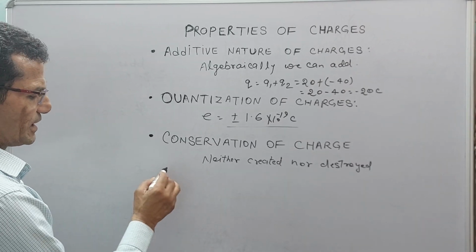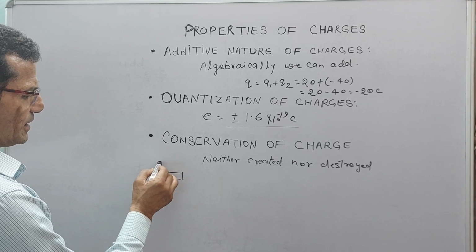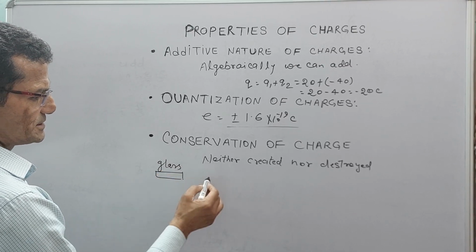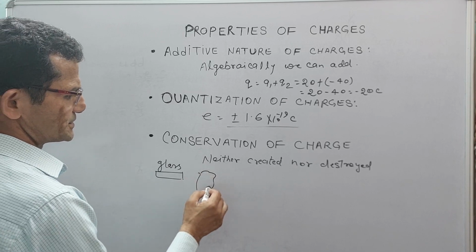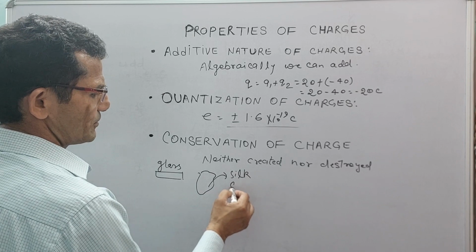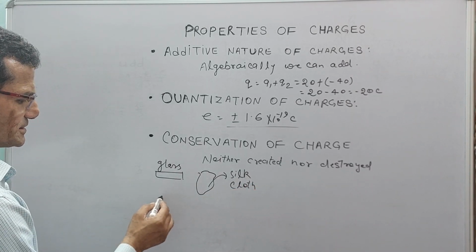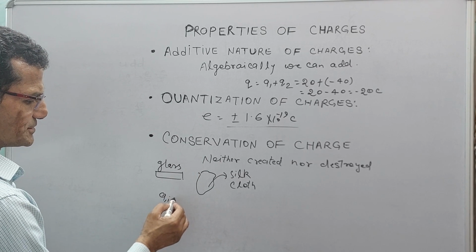This is our glass rod, initially made of glass, no charges it has, and this is the silk cloth, it has no charges. So initial charge Qi is equal to 0.